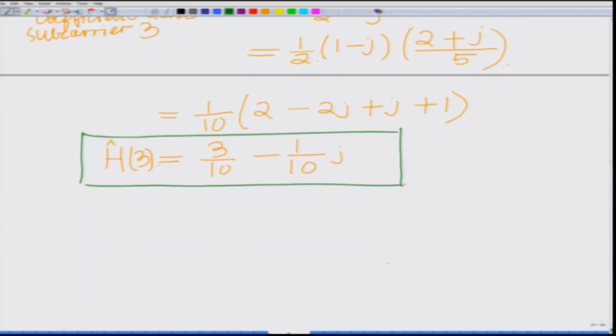So, therefore, what we have found is capital H hat 1 and capital H hat 3, which are the estimates of the channel coefficients on the pilot subcarriers, that is L equal to 1 and 3.